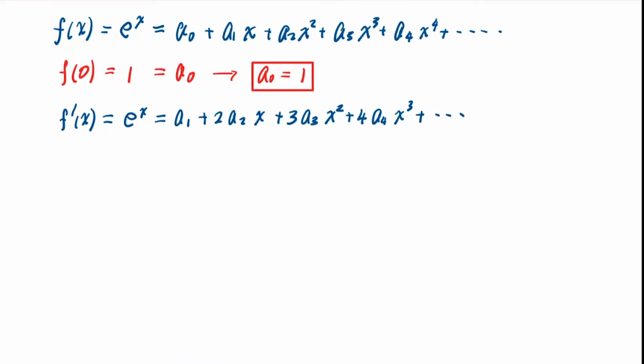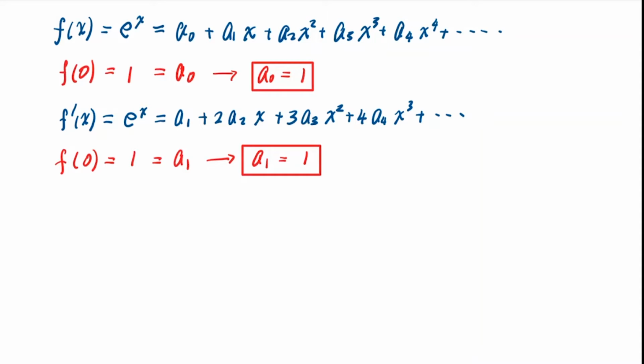We'll evaluate this at 0 again. So this becomes 1 again, and we have a1, and the rest of them die again. Whoa, we figured out a1. Can they all be 1? What do you say? Of course not, then it's the same as the previous example. So no, but we got 2 of them.